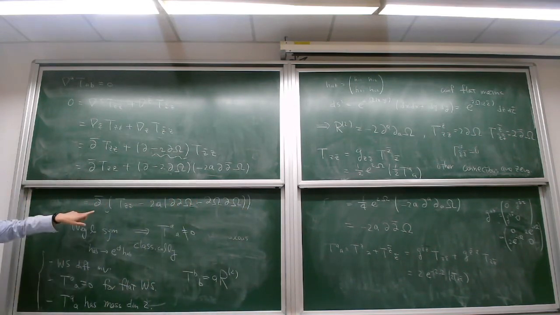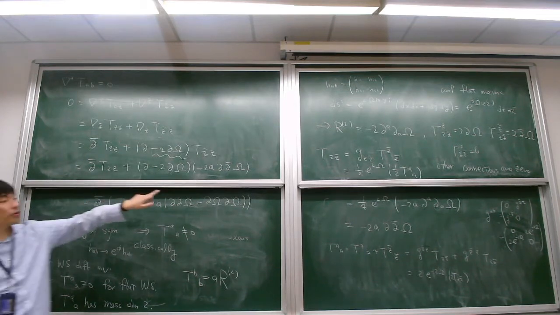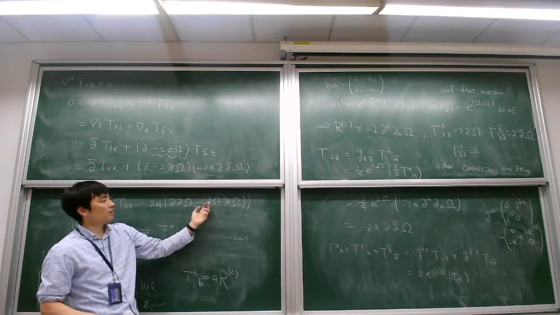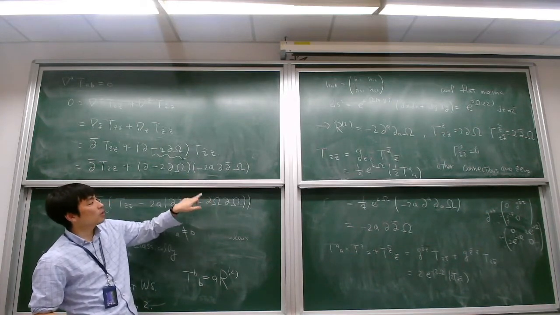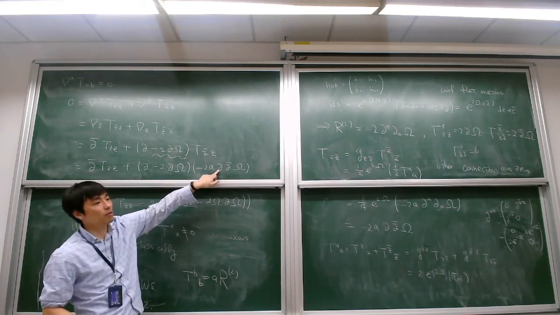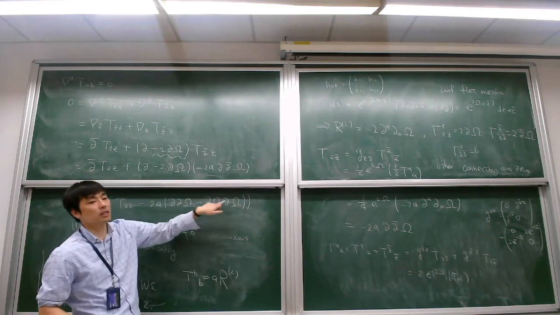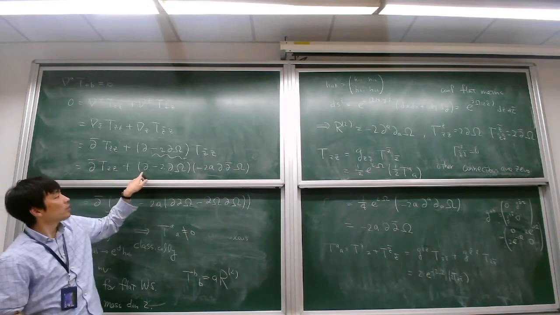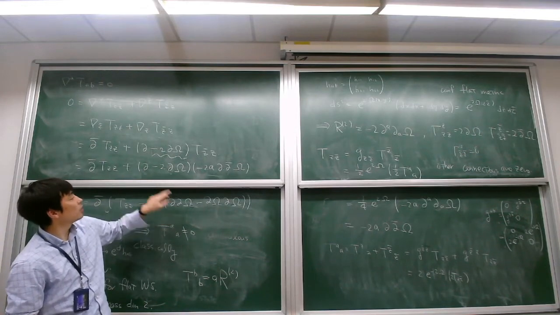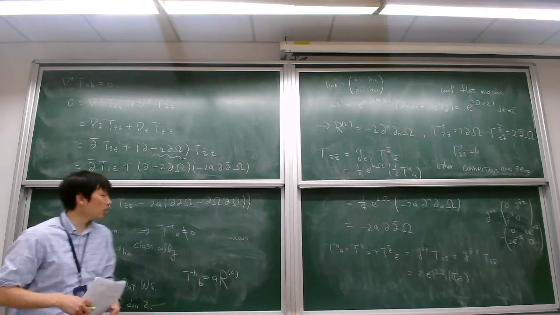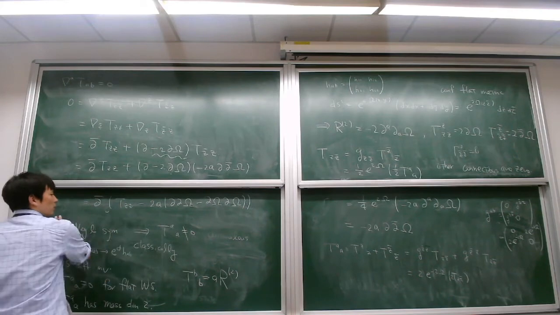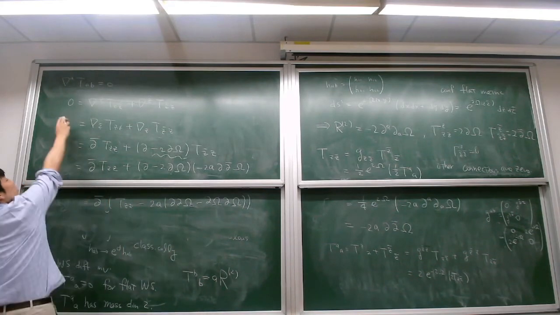If you act this anti-holomorphic derivative on here, you have a factor of 2, and then a factor of 2. One has an anti-holomorphic and a holomorphic, the other is holomorphic. And if you act the anti-holomorphic derivative on here, you get this term. That's how you obtain this. As you can see, this is equal to 0.